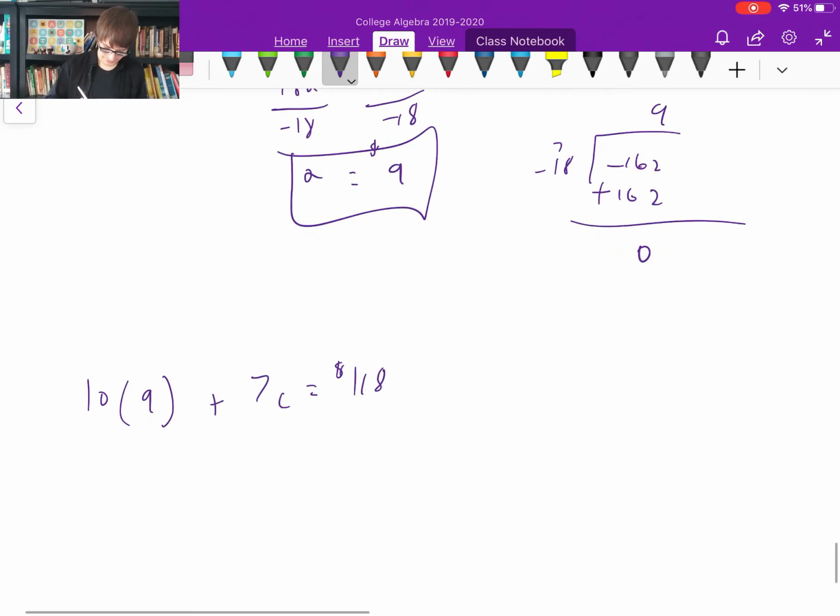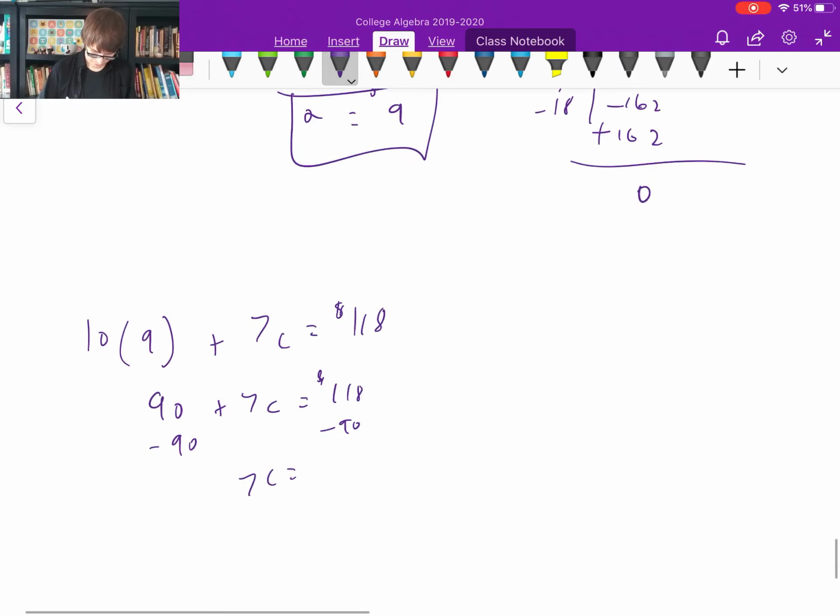So 10 times 9 is 90, plus 7c equals 118. Subtract 90 from both sides. We get 7c equals $28, because 28 plus 90 is 118.